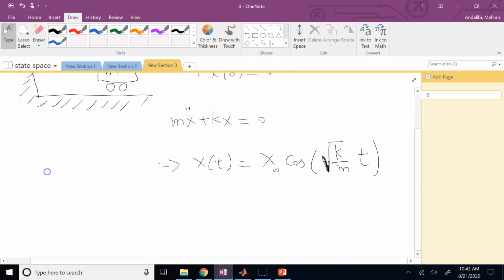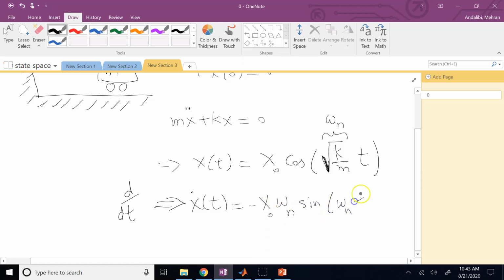And then if you take a time derivative of this, your x dot of t will come out. You will get negative x naught, and let me call this omega n, natural frequency, so it's going to be negative x naught omega n times sine of omega n t. Agreed?